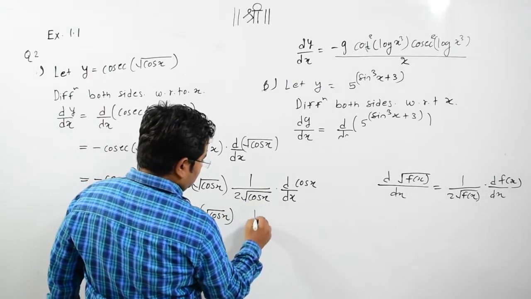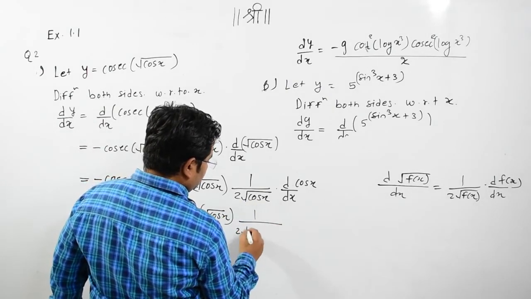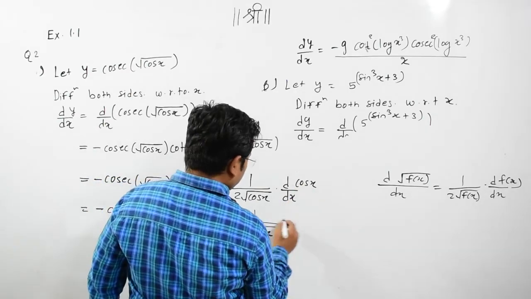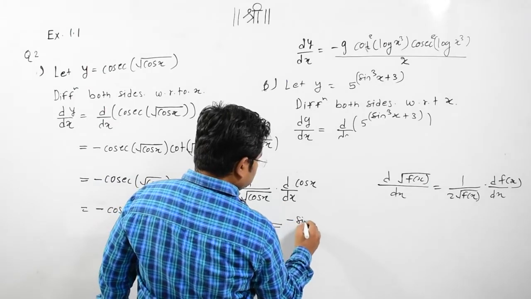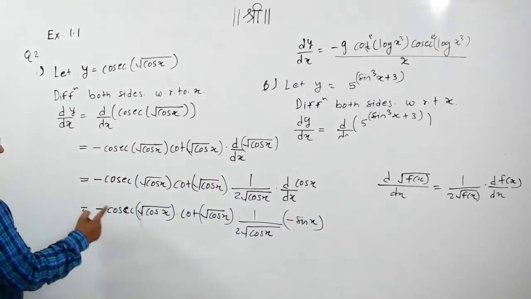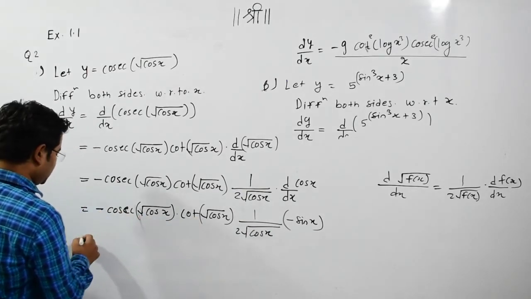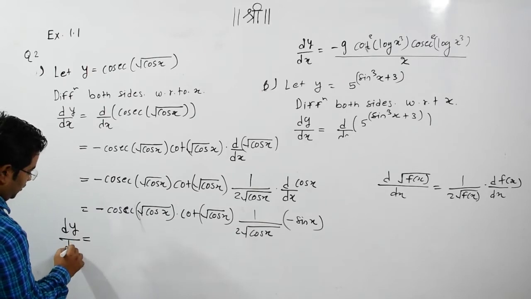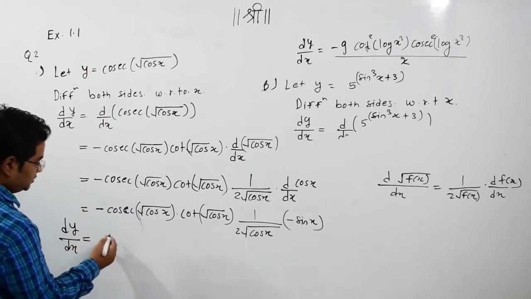Next part, 1 upon 2 under root of cos x, done. The derivative of cos x is minus sin x. Taking the minus common, minus minus, all these things being in multiplication, converts to plus.